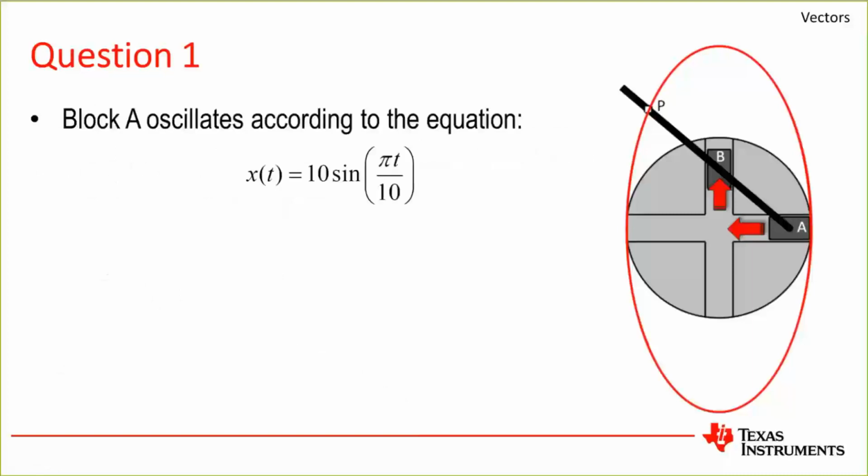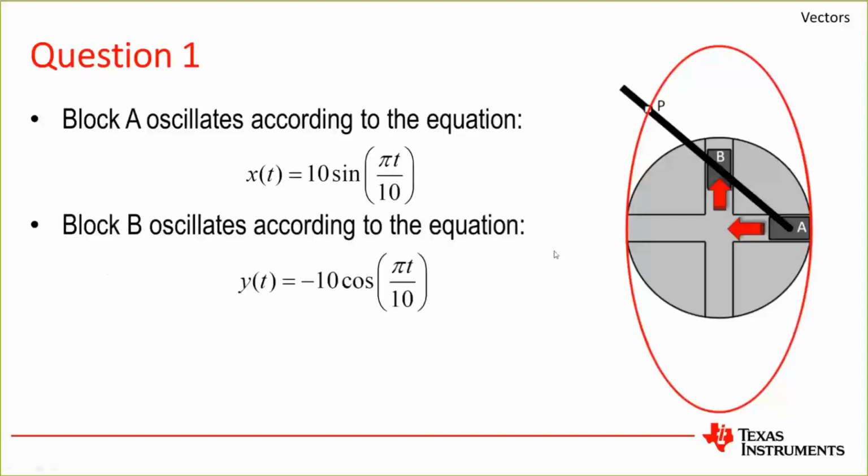So, in our question, we're given some information that block A oscillates according to the equation 10 sine pi t on 10. And block B oscillates according to the equation negative 10 cos pi t on 10. We'll assume, obviously, that the centre of the Trammel is at the origin, so the x-axis running through block A and the y-axis running through block B. Distance BP is fixed, as I said earlier.